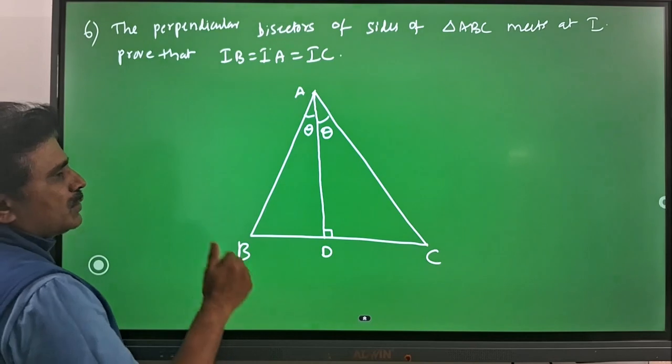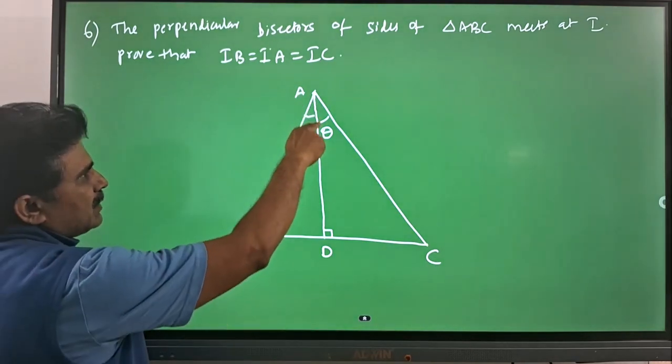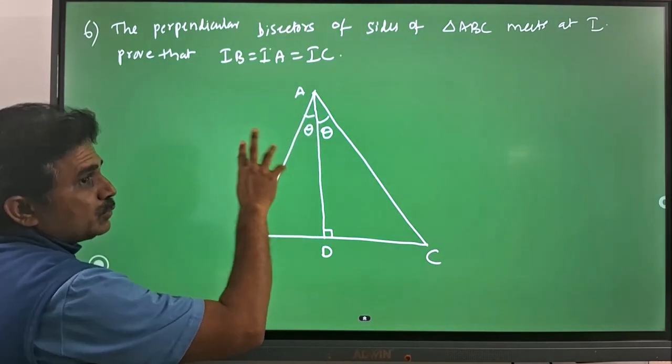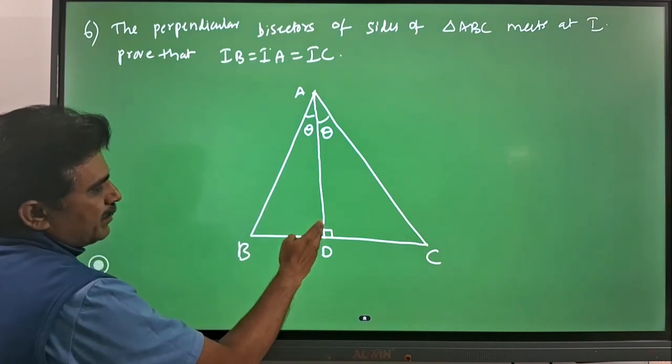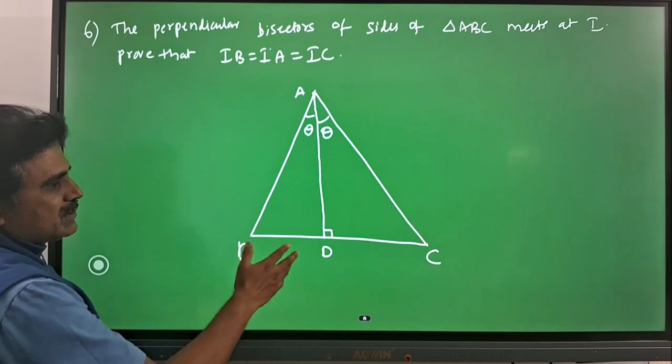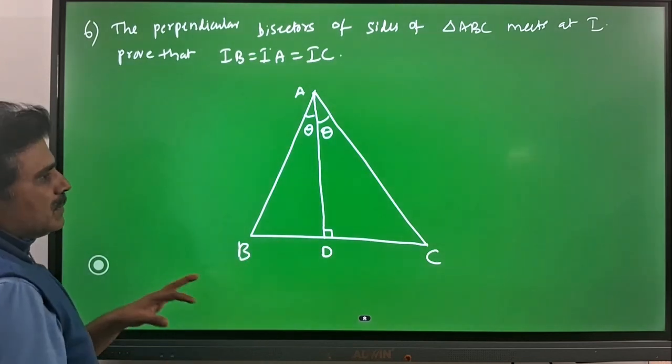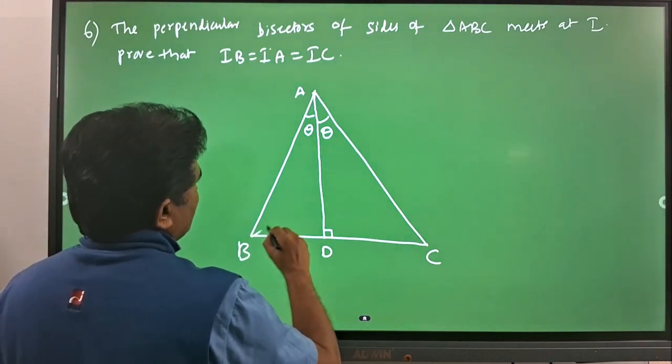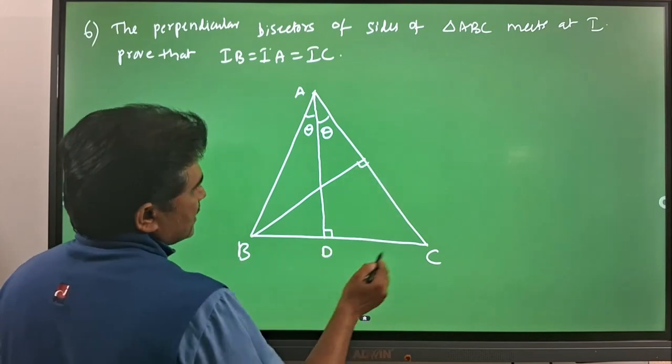So a bisector cuts the angle from where we are drawing into two equal parts. It will also be perpendicular to the side to which it has been drawn. Like that, for BC also we are drawing a perpendicular bisector.